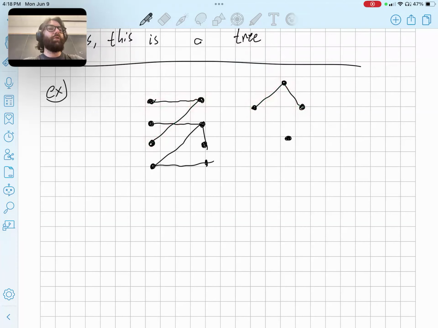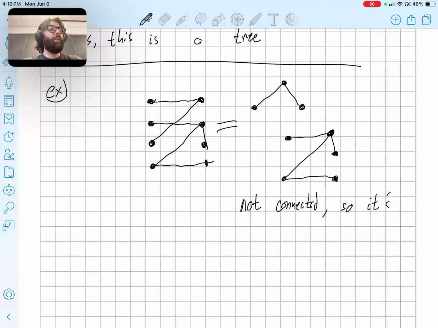Then we can also just draw this other piece right here, minus that. We can draw it like so. These are the same things; I've just redrawn it in a different way. This is not connected, so it's not a tree.